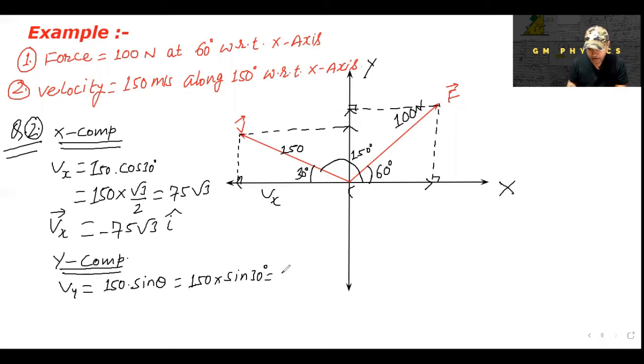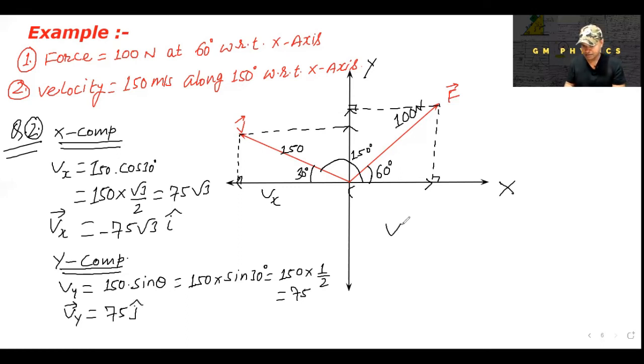How much is that? 150 into 1/2, that is 75. And it is directed along positive y-axis, so we'll write j cap. So here you can write Vy vector. Again, Vy vector means the y component of the velocity vector. So that is 75 j cap.